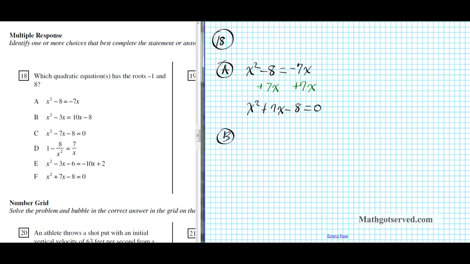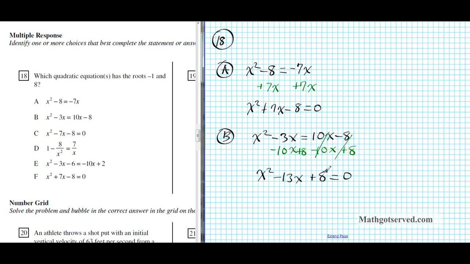Take a look at option B. We have x squared minus 3x equals 10x minus 8. To place it in standard form, or make it equal to 0, we subtract 10x from both sides and add 8 to both sides too. So this cancels out, and we're going to have x squared minus 13x plus 8 equals 0.